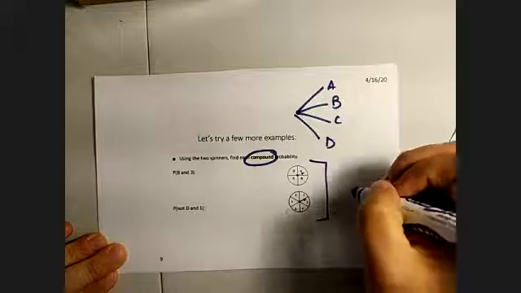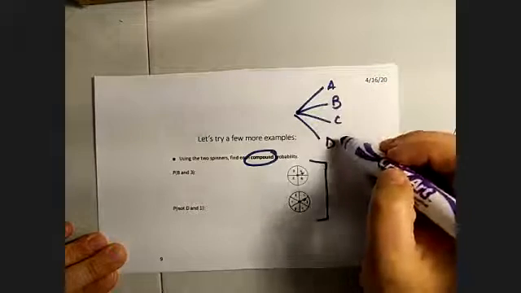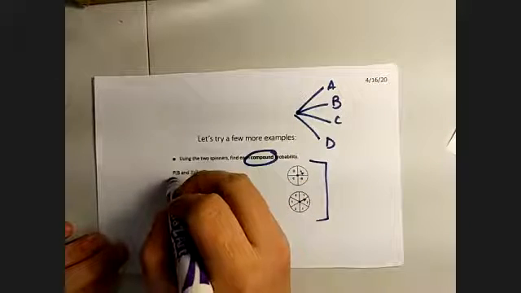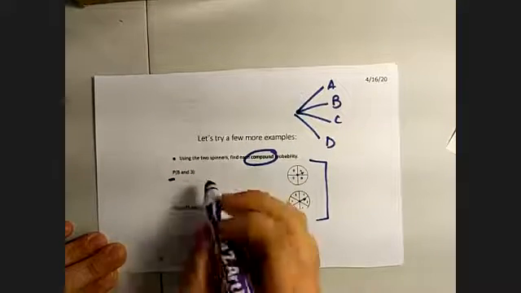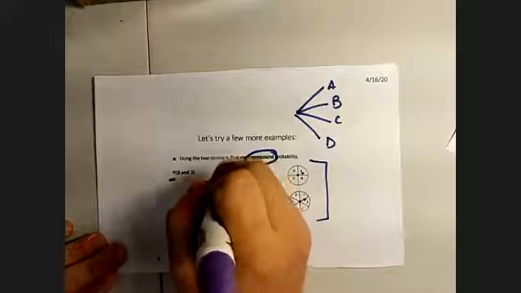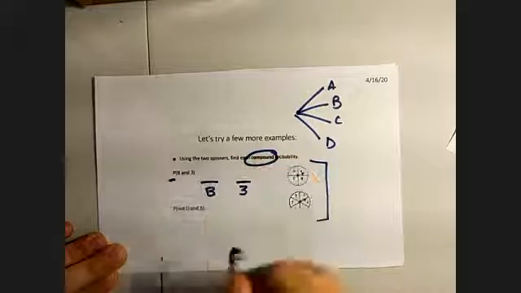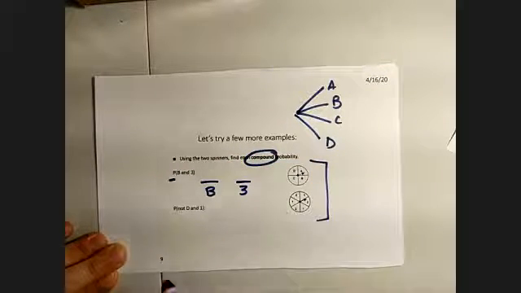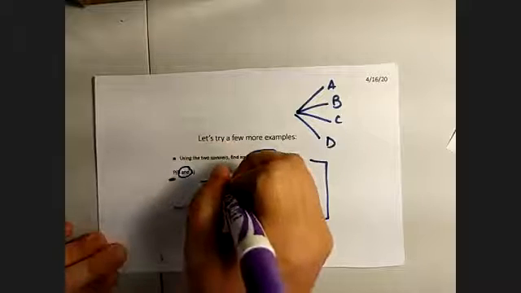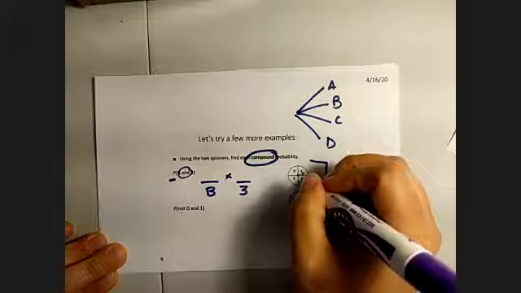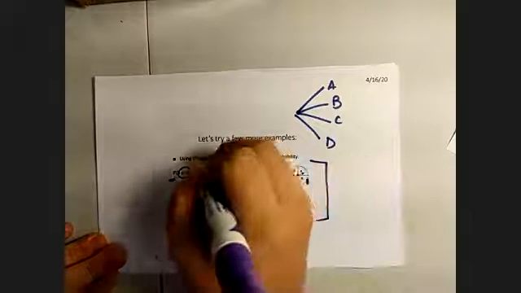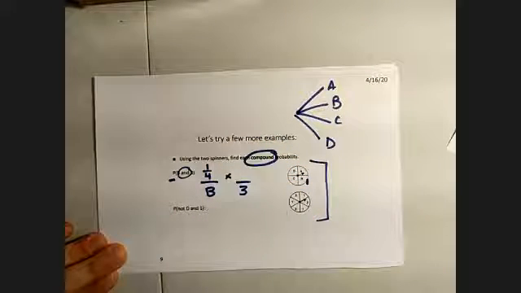But what we're trying to do is say, we could do that, but could we also just go straight to the probability? So here's how this works. I know I'm looking for the probability that it's a B and the probability that it's a 3. So I'm going to make 2 slots here. And because I see this word and, I know I'm going to multiply these 2 probabilities together. So the probability that it's a B is 1 out of 4, so I'm going to put my fraction there, 1 over 4.